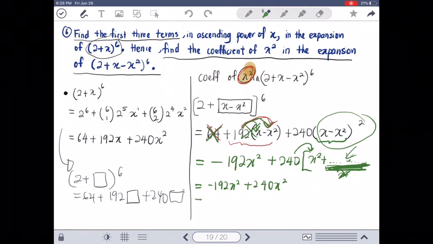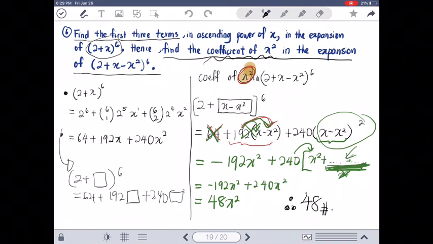So negative 192 plus 240 gives 48x squared. Since the question asks for the coefficient of x squared, the final answer should be 48. So that is your first answer, and this is your second answer.